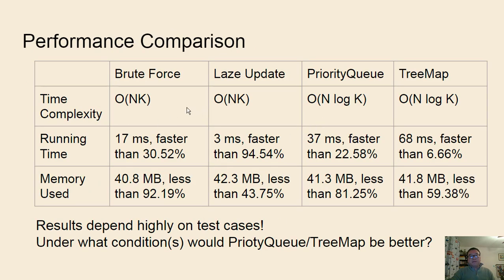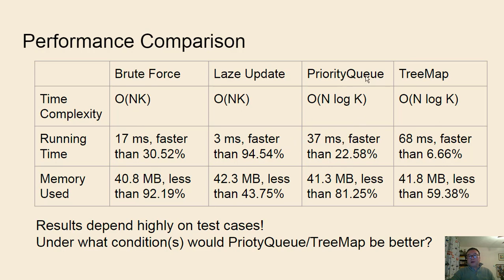This is what happens when I submit to LeetCode. It turns out that the brute force actually passed, and it's not that bad: 17 milliseconds. And the lazy update is faster, taking 3 milliseconds. I guess the approaches that are faster than lazy update are probably the ones using the monotonic stack.